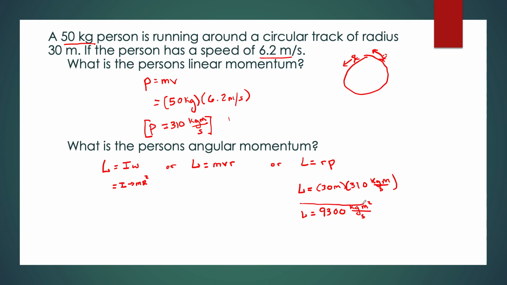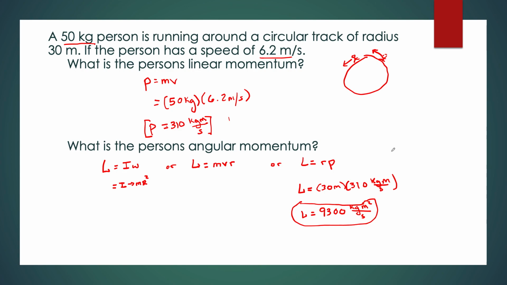Now you'll notice that this does not have radians in it like our previous one did, but that is okay. Radian is just a kind of placeholder so we know what units we are working with.